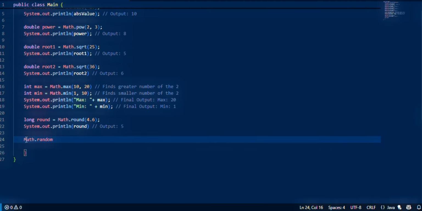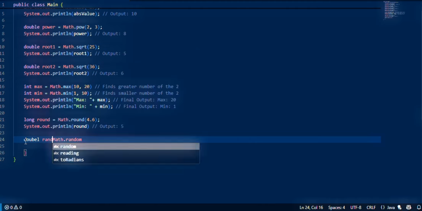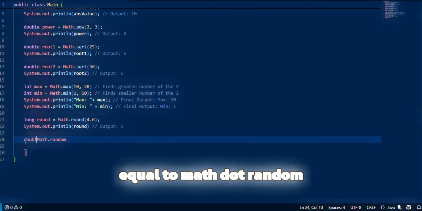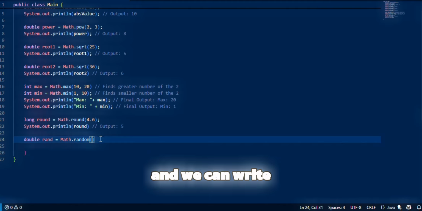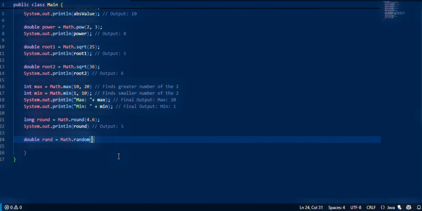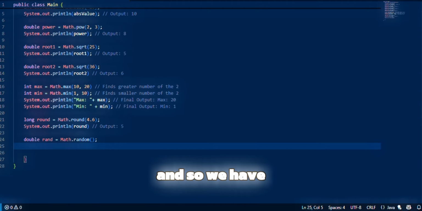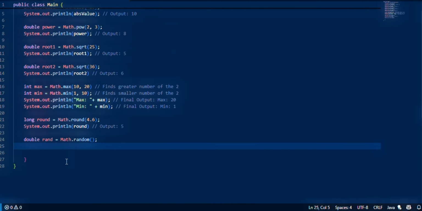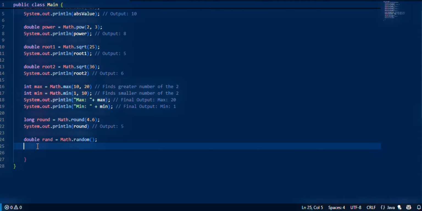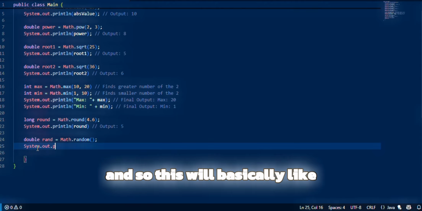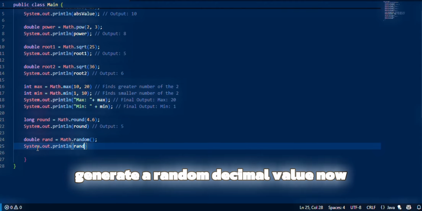We can write double rand equals Math.random(), and then System.out.println(rand).